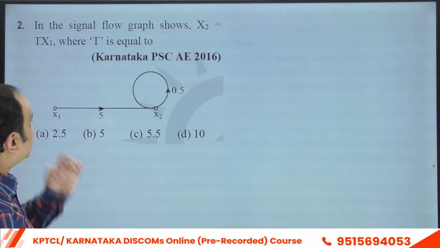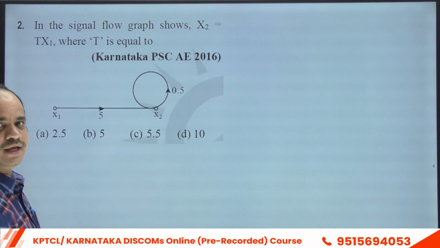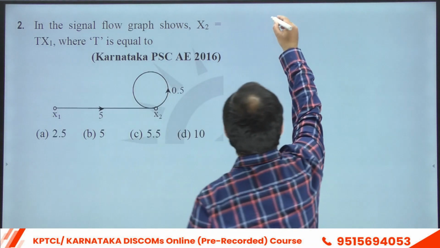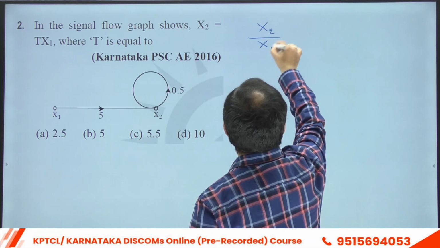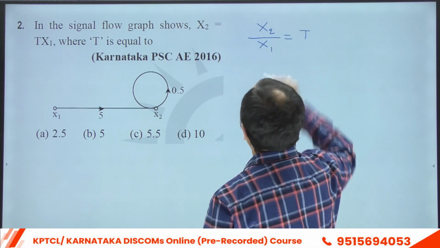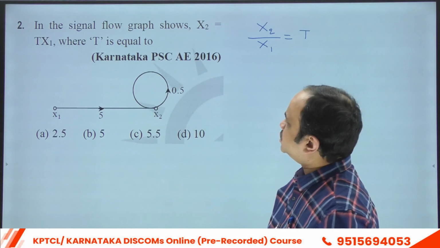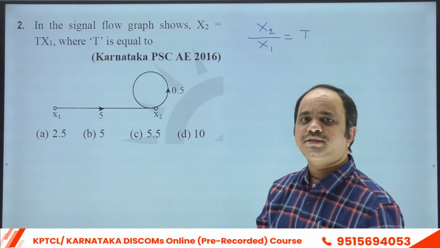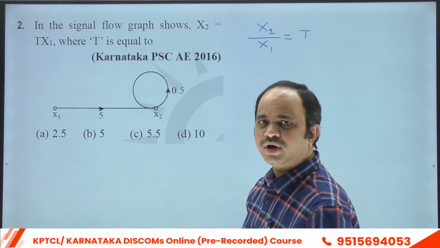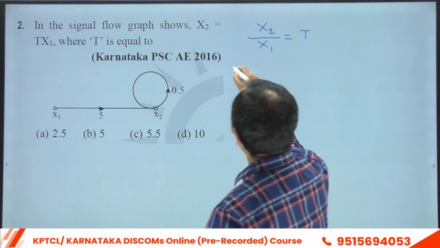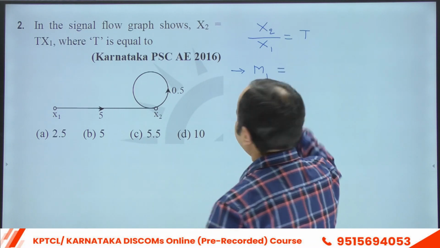In the signal flow graph shown, x2 is equal to t into x1. That is what is given. So, what do you mean by that? x2 divided by x1 is given as t. That means the transfer function is given. So we need to find out what is the value of t. Now from this signal flow graph, I can first identify the forward path. Generally it is denoted with m.